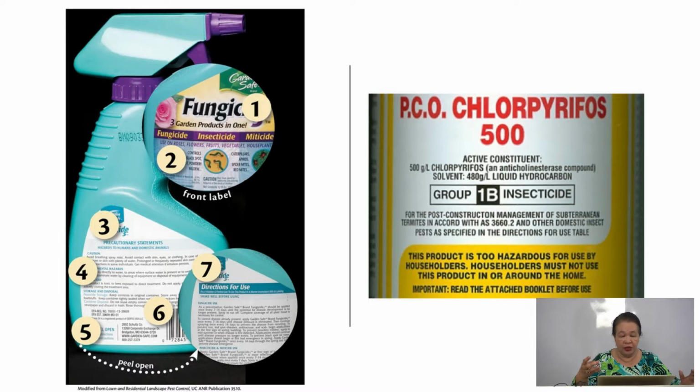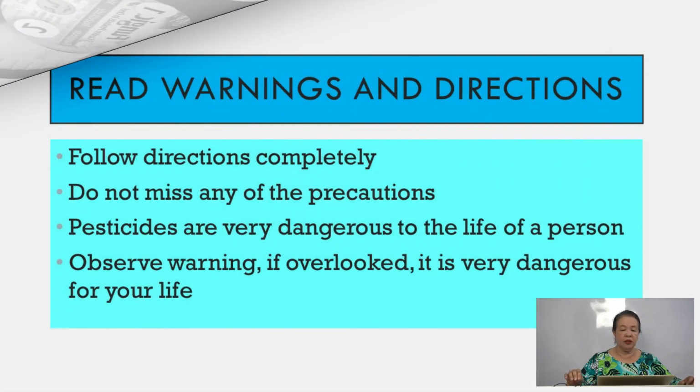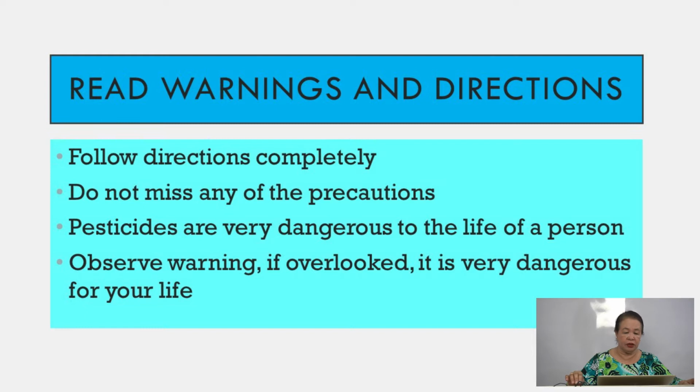It is complete with instructions. So read the instructions very, very carefully. When you read the warnings and directions, follow the directions completely. Do not miss any of the precautions.